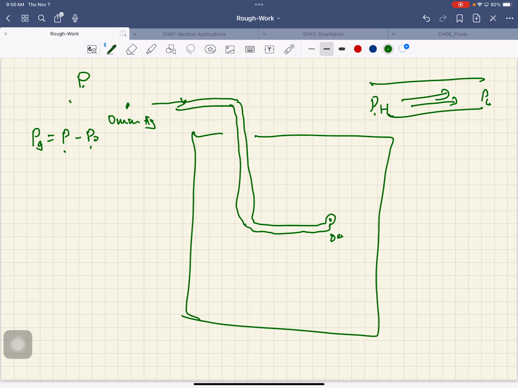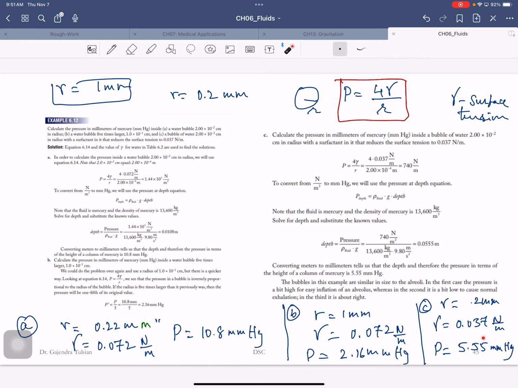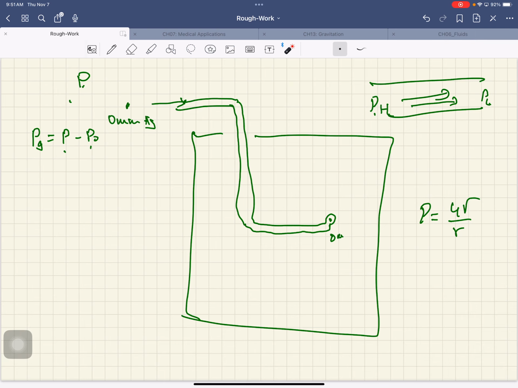But P equals 4 gamma over R, because this is like a rubber balloon, this increases pressure, and under normal conditions, the pressure is 5 millimeters of mercury. You guys understanding this? So this pressure is 5 millimeters of mercury.